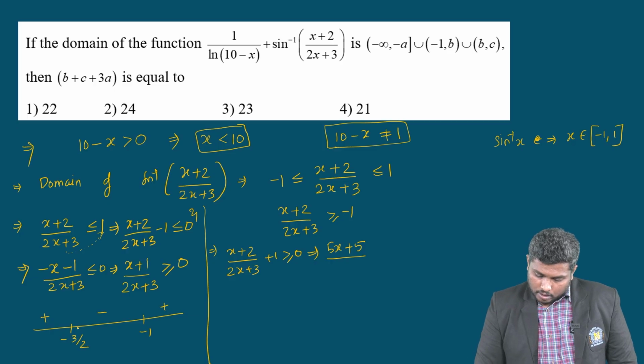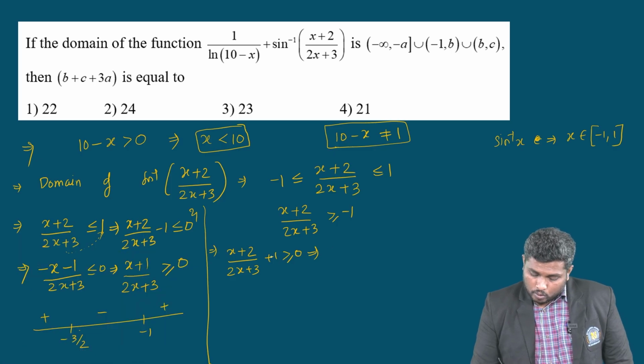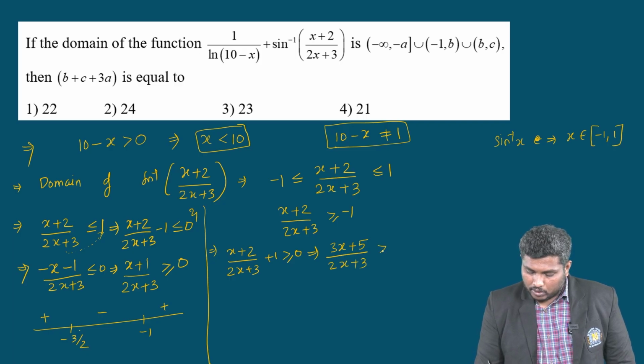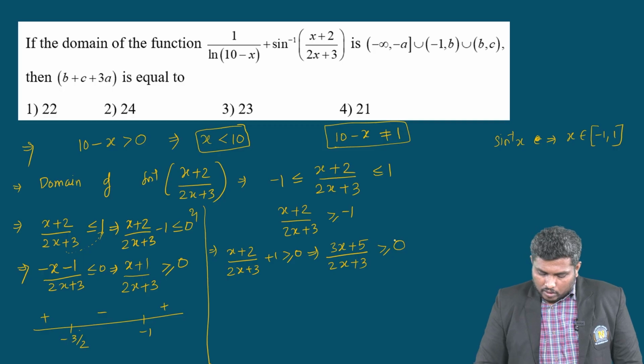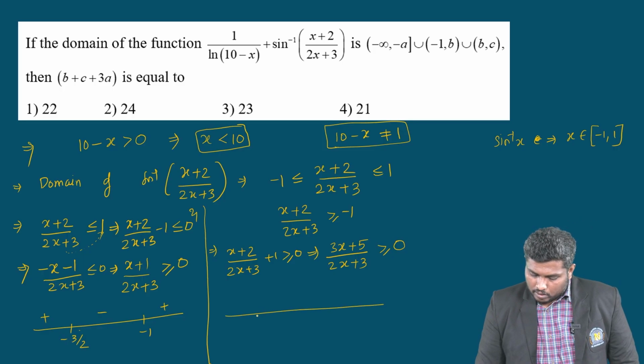Sorry, this is 2x plus x, which is 3x, so (3x+5)/(2x+3) is positive. Okay guys, I'm going to plot that also on the same number line, or else I can change it here. So -5/3 and -3/2, greater than 0.